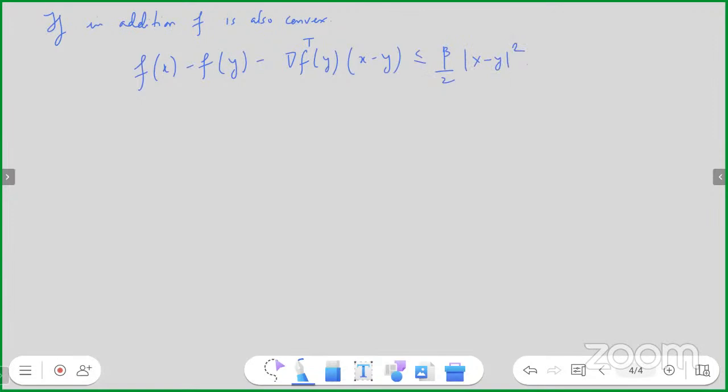So what is my one-step improvement in the gradient descent? If I was at x, I go to x minus 1 by beta del f of x. What does the inequality tell me in terms of this new function evaluation compared to f of x? What am I getting from this?